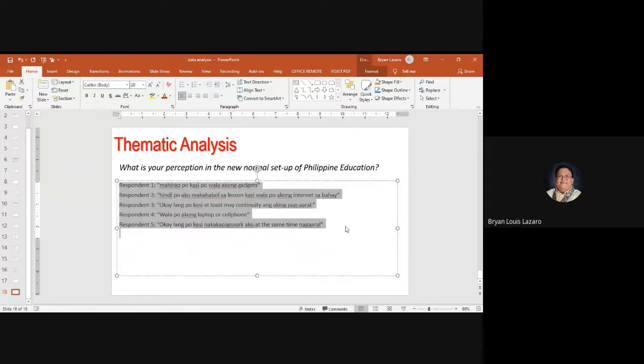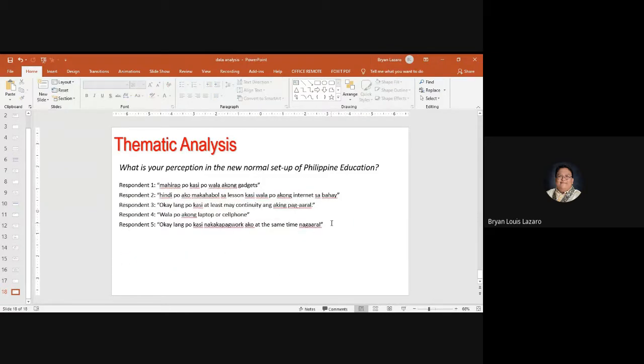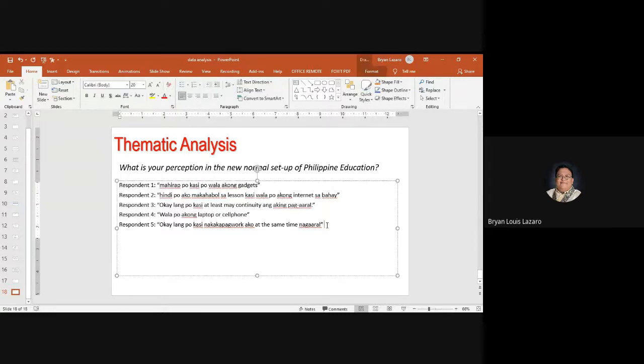Tapos pagdating kay respondent number 6, halimbawa, respondent 6, wala po akong pan data. Yan, di ba? Respondent number 7. Ano pa mga dahilan? Ano perception?